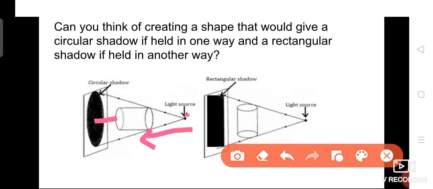It looks like a circular shadow. Suppose when the object is placed in this direction, like this, and the same light falls in this direction, this portion will be blocked, so it shows a rectangular shadow. So I repeat, the shape of the shadow need not remain the same as the shape of the object.